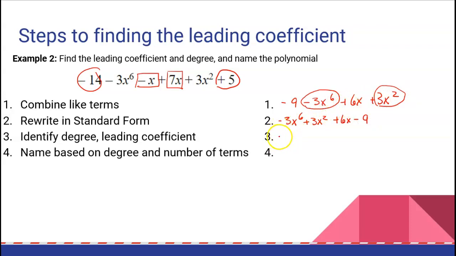We're going to identify the degree and the leading coefficient. Our degree of our polynomial is 6, and our leading coefficient is going to be negative 3. Now, if we were going to name this polynomial based on the degree and the number of terms, this would be a 6th degree polynomial.